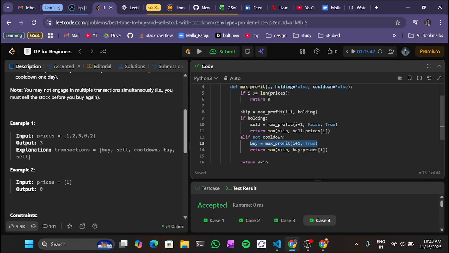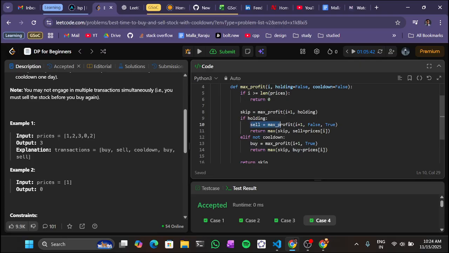then what we are returning here is, if we are buying it, then we are buying it from our own pocket. So the buy price, which is the current price, minus the total sum accumulated until that point, which will be returned by this.